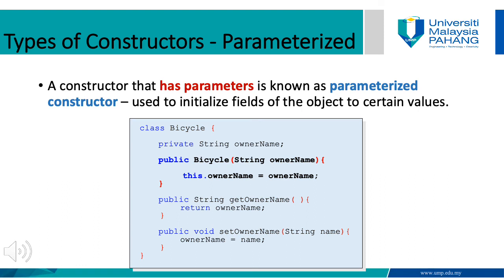So this code will automatically print the owner name as the first output when you run this code.